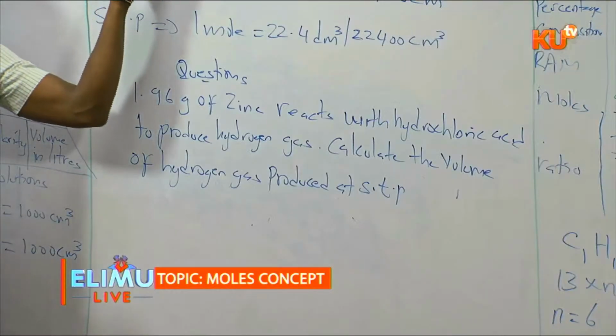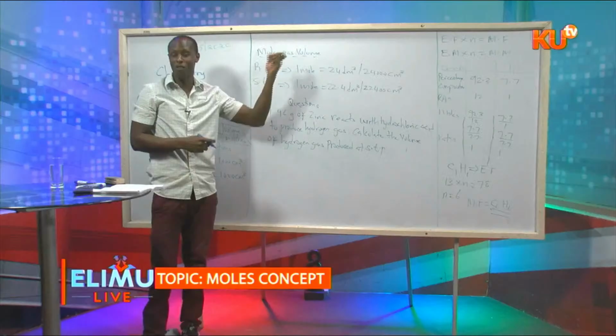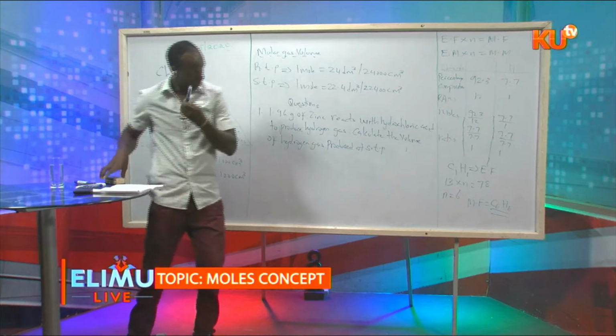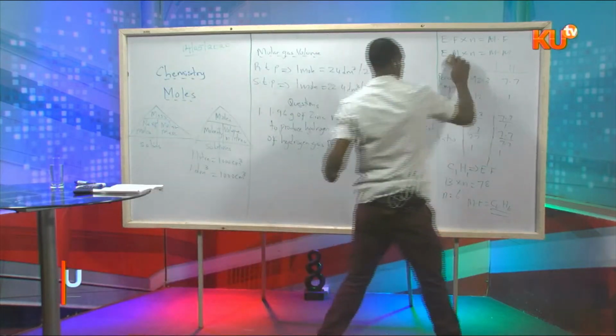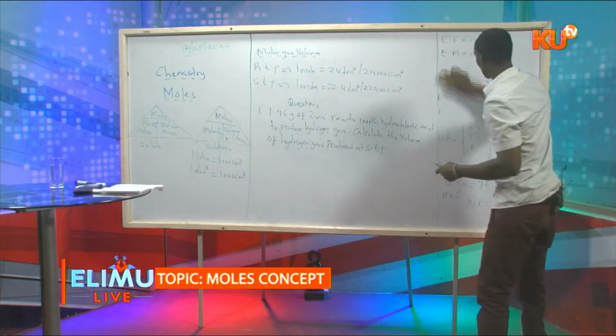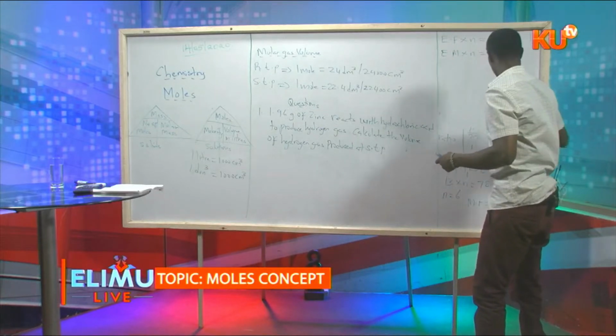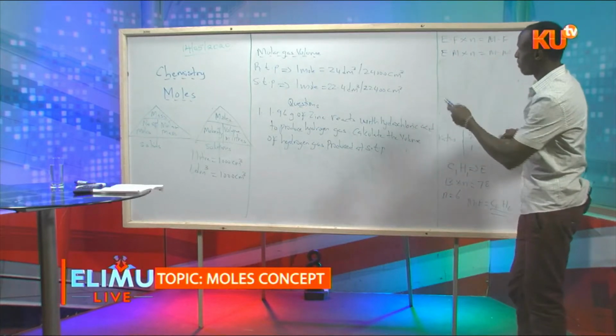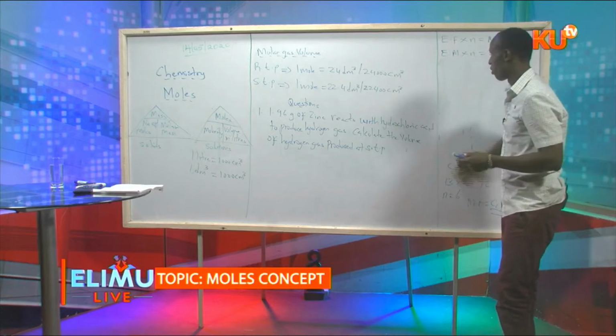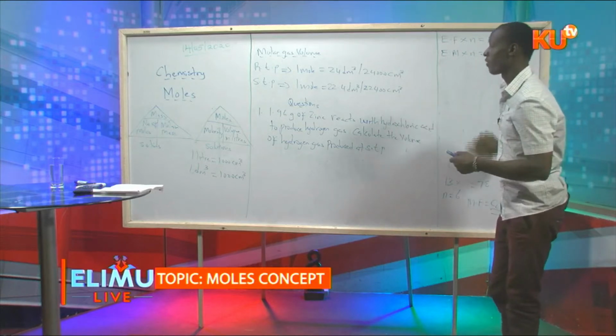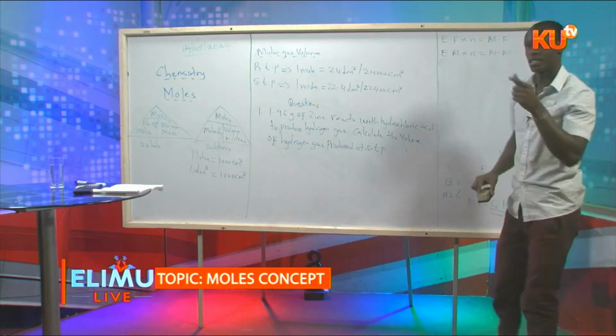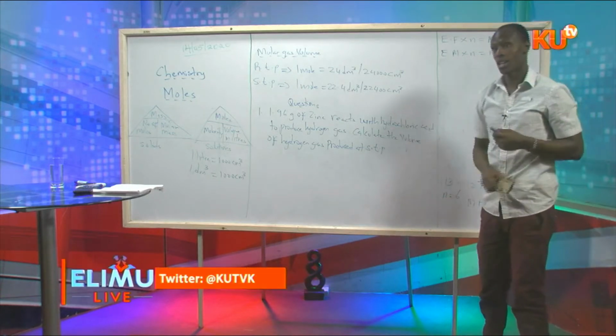So it also means you'll have to apply this formula of molar gas volume. I'll do it on this part, how we're supposed to go about that kind of question. And just a reminder, so that you can remember your Form 1 work in preparation of hydrogen gas: you react zinc metal and hydrochloric acid.